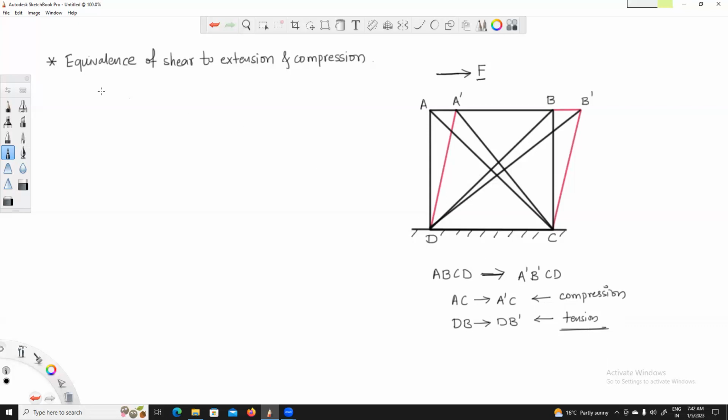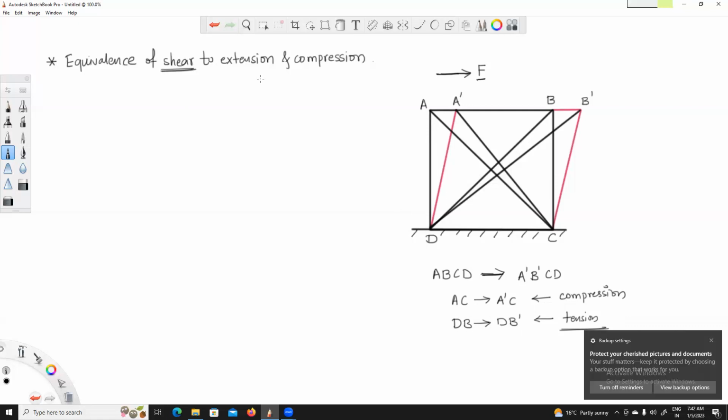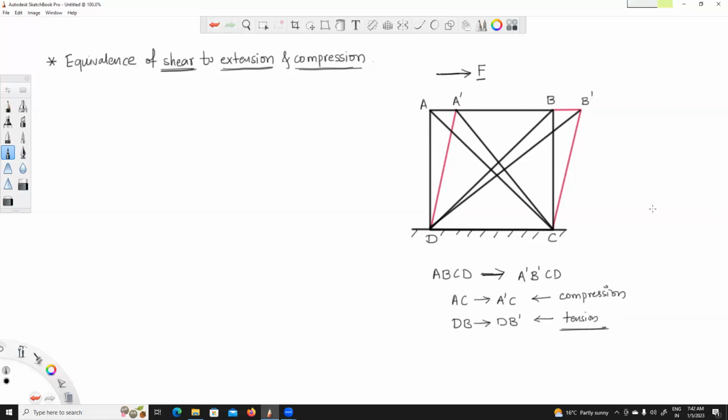Shear is basically produced by the application of tangential forces, and this produces extension, which is tension, and compression simultaneously. Now this is what we are going to study: how much tensile strain and how much compressive strain it produces.